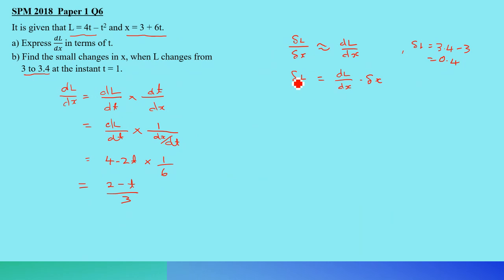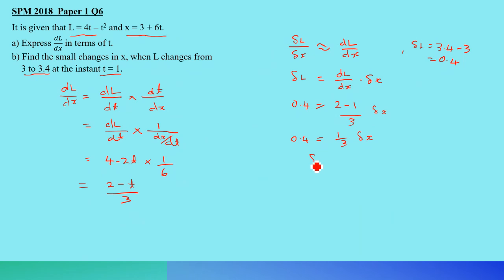You already know the dL dx. You are given the formula here from the first part, and t is given. So put in all, so 0.4 equals dL dx, which is (2 minus t), where t is 1, over 3, times delta x.